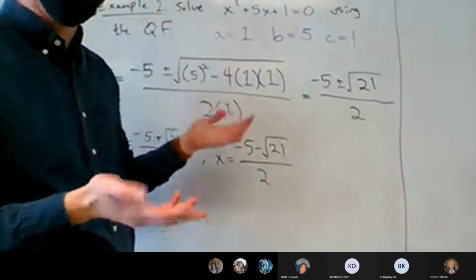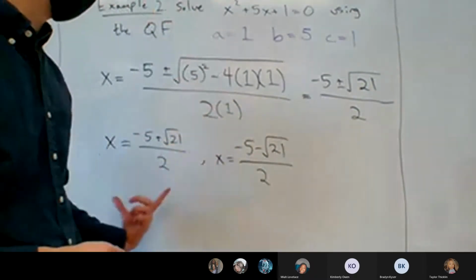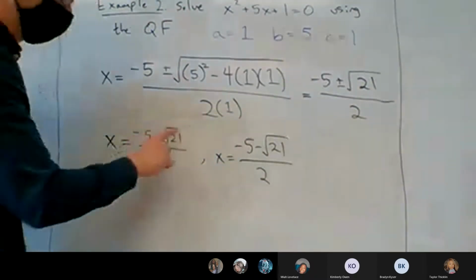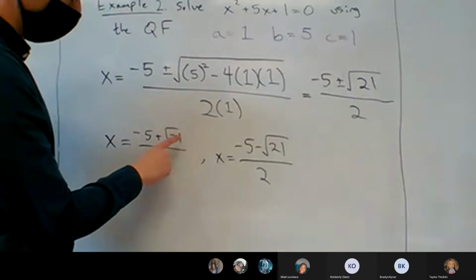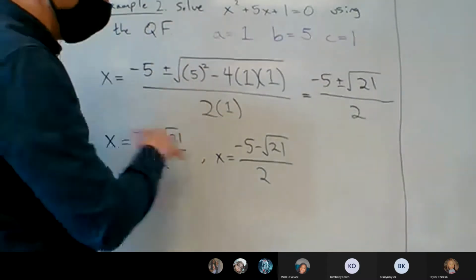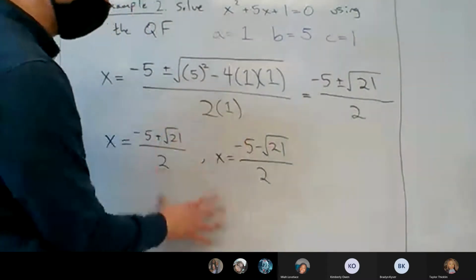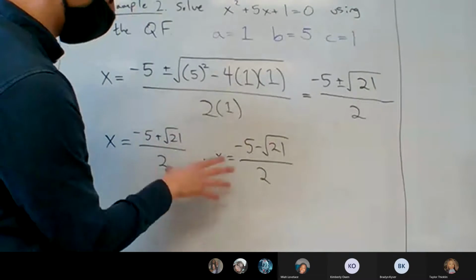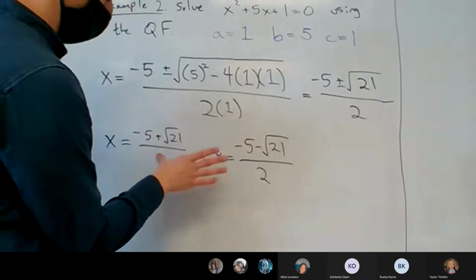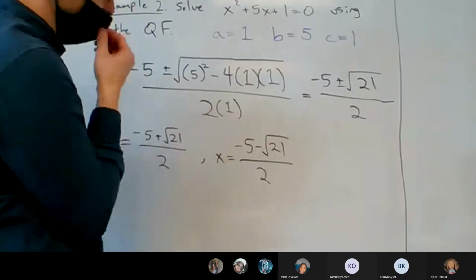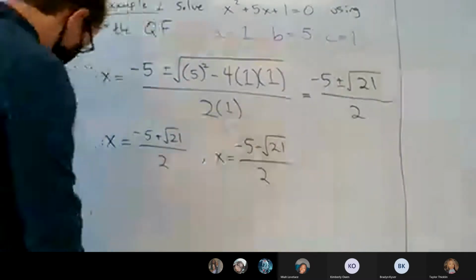It's rational. But these are very irrational solutions. They've got a square root of a number that cannot be simplified, but they're still legitimate solutions.